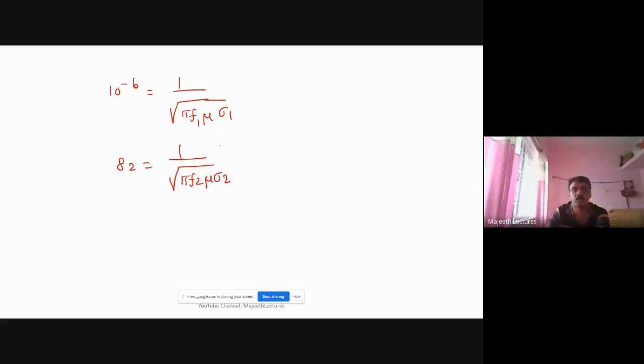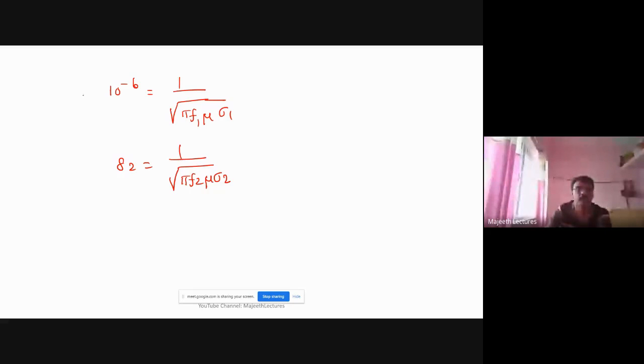Okay. So we know the first one has 10 power minus 6 as skin depth. That is equal to 1 by root of pi f1 mu sigma 1. Frequency varies. Second one is del 2, 1 by root of pi f2 mu sigma 2.